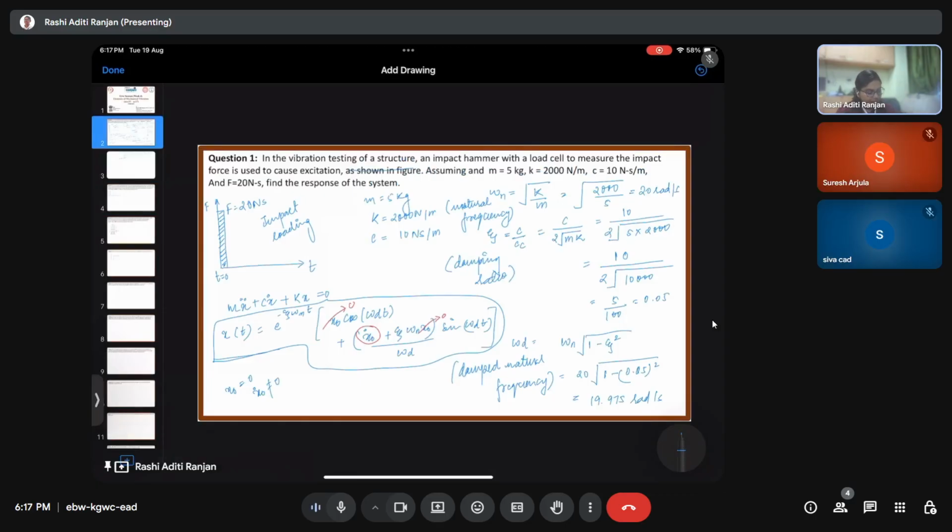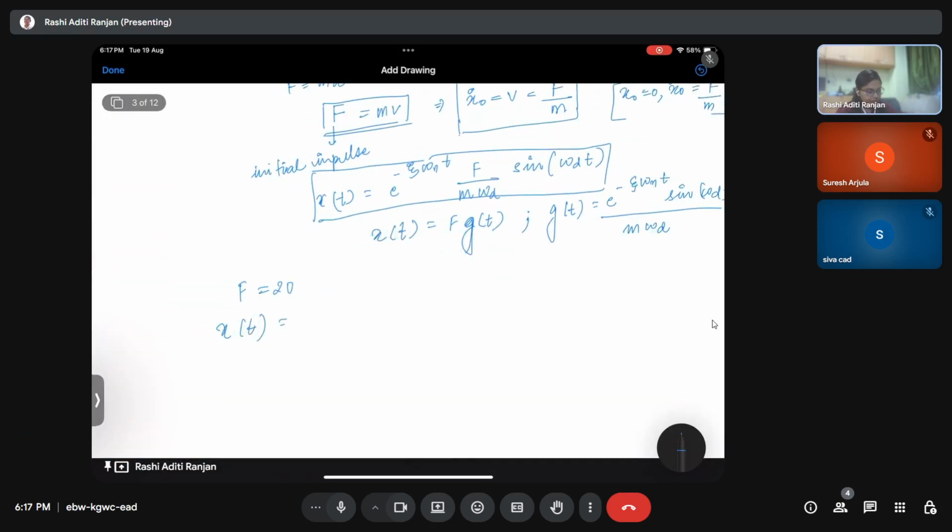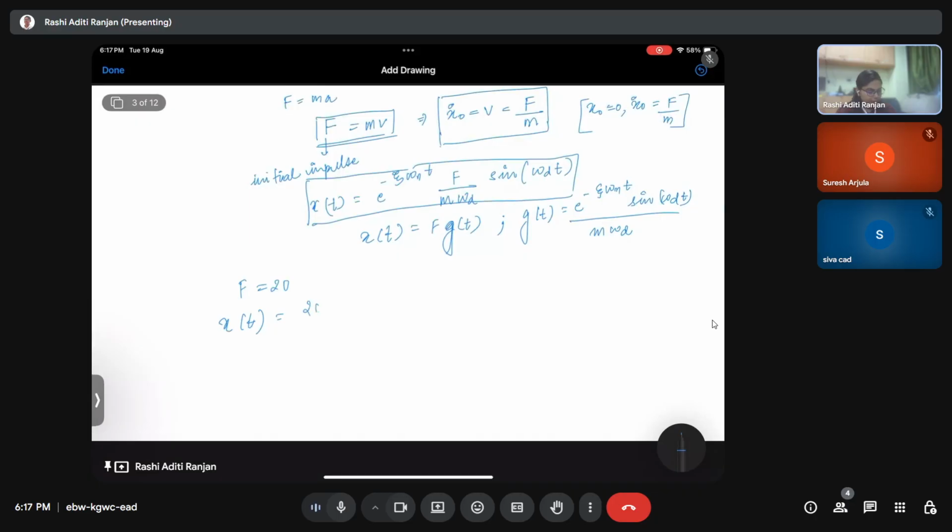So we write x of t as 20 by m, which is 5 into 19.975, e to the power minus 0.05 into omega n, which is 20, t, sine of 19.975 t.